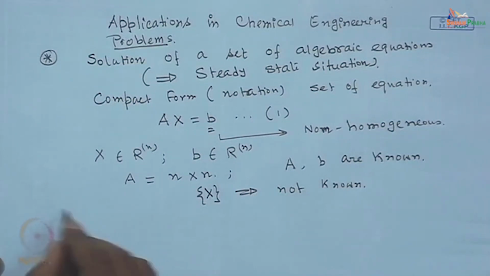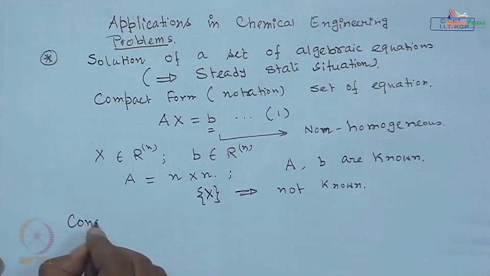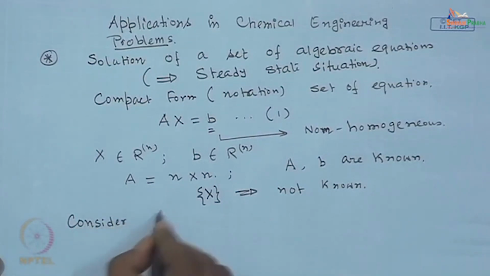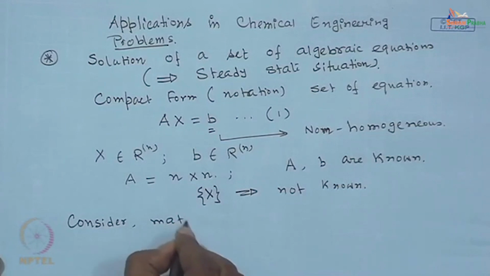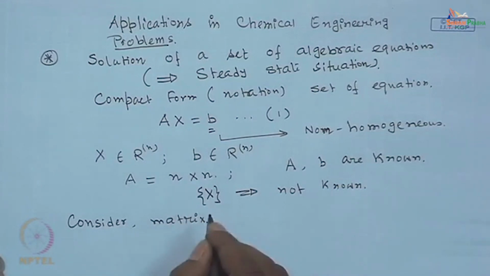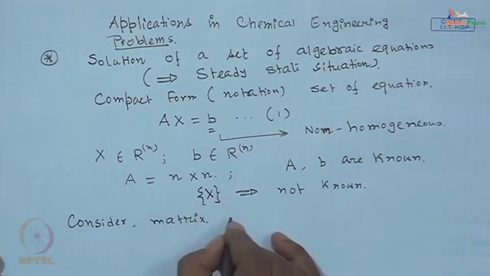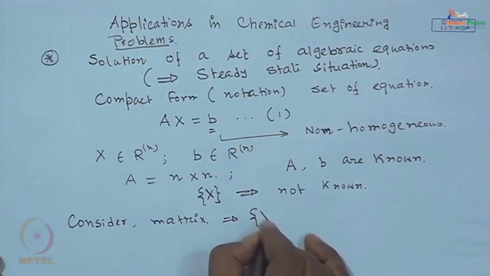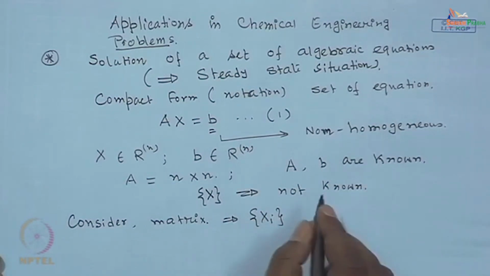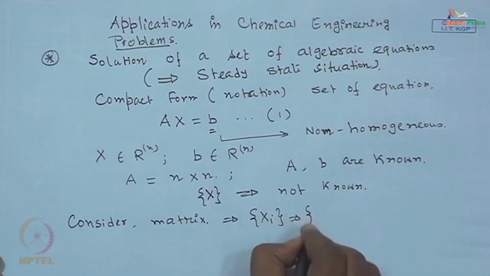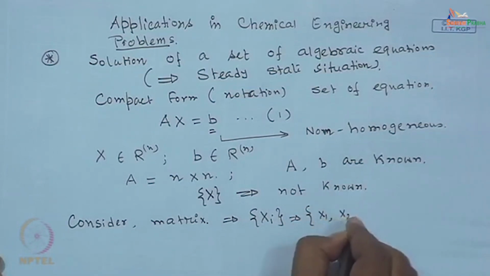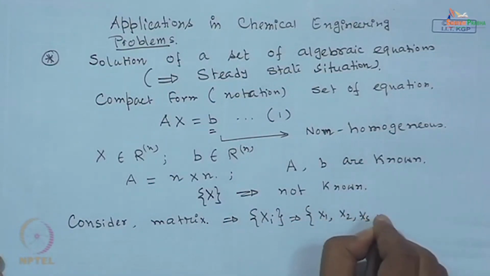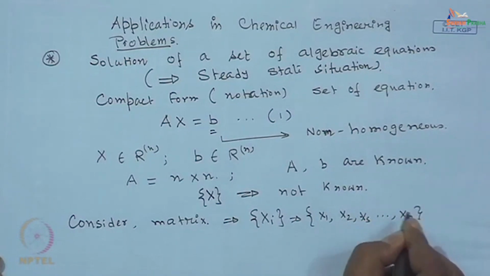We consider matrix A and a set of vectors x i, which constitute x 1, x 2, x 3 up to x n.